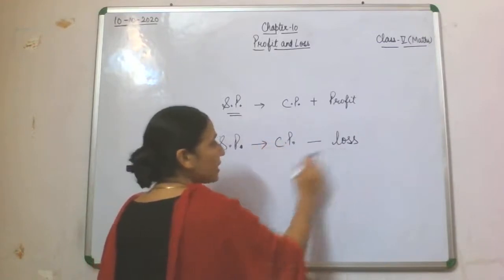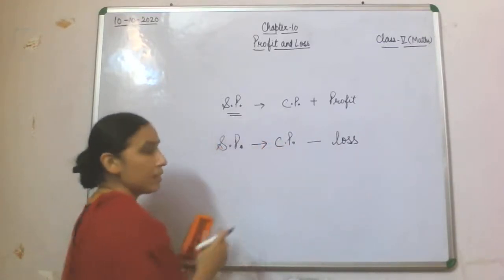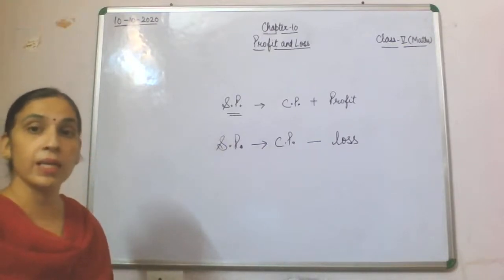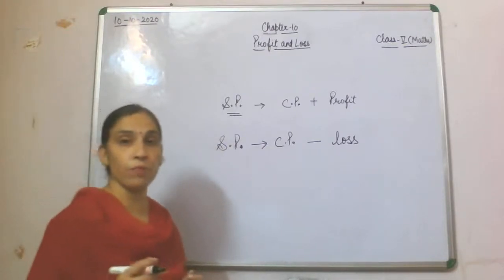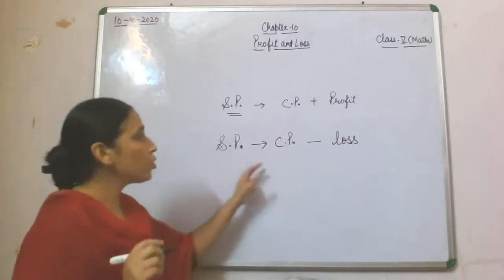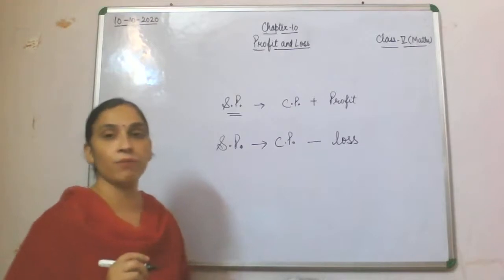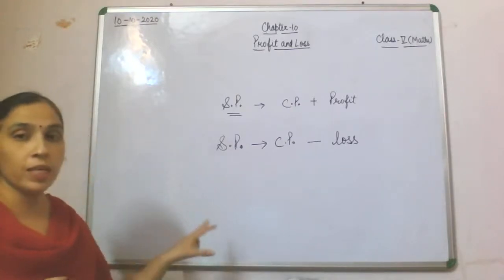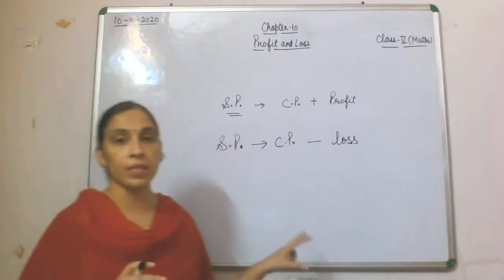And when you are getting a loss, it means the selling price will be less. You have sold it for less, then only you have got a loss in that particular item. So that loss will be subtracted from the cost price. I hope, children, there is no doubt in this concept.